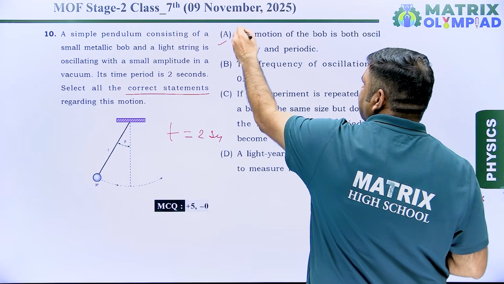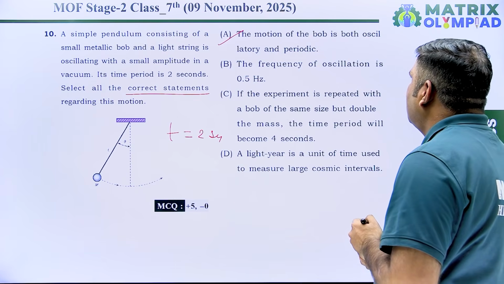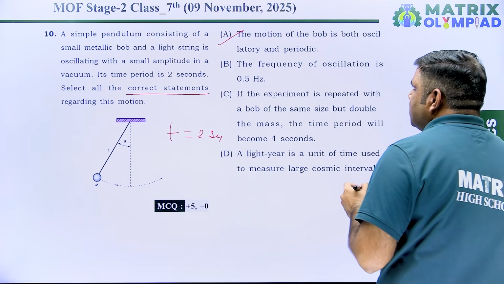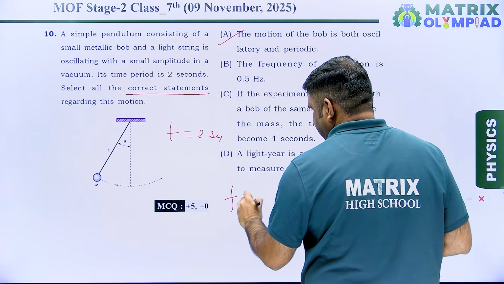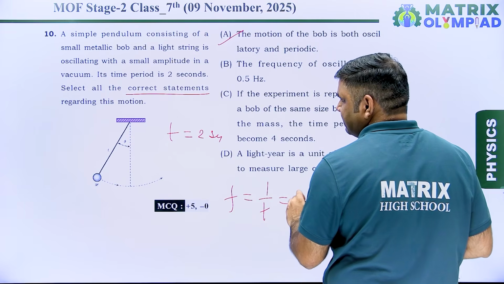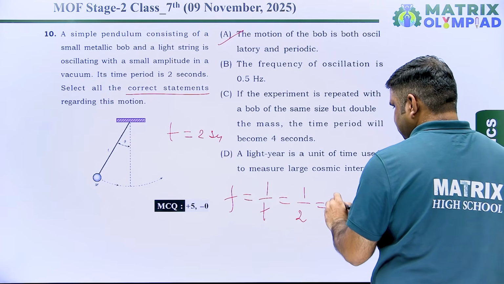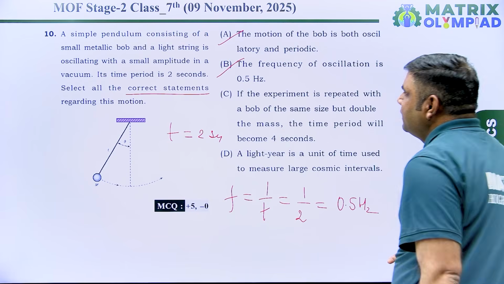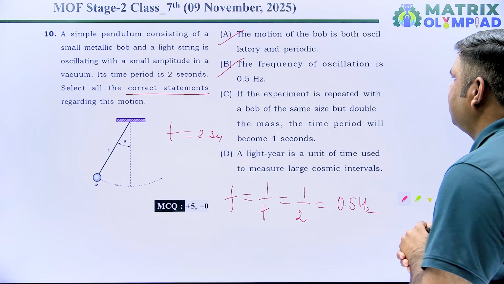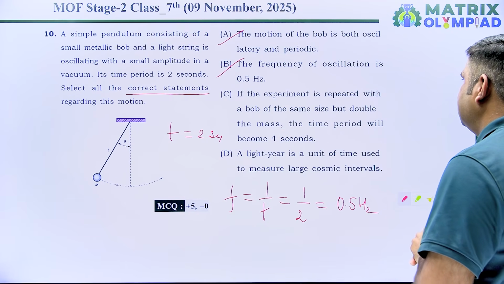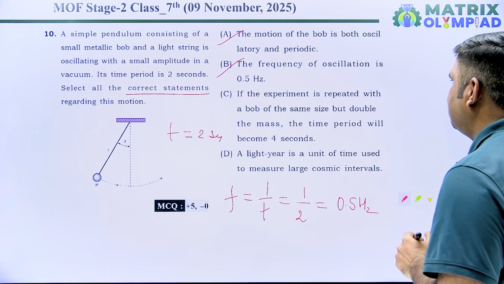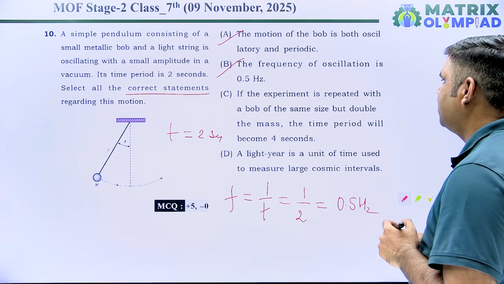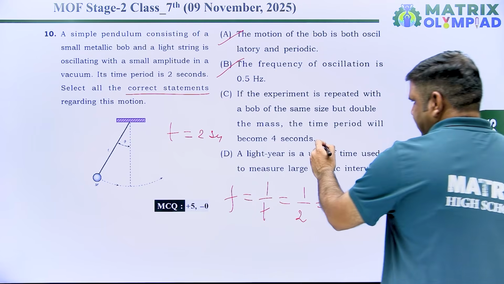Yes, it is. The frequency of oscillation is 0.5 hertz. We know that frequency is 1 by T, so T is 2. So frequency is 0.5 hertz. Yes, it is also true. If the experiment is repeated with a bob of the same size but double the mass, the time period will become 4 seconds.